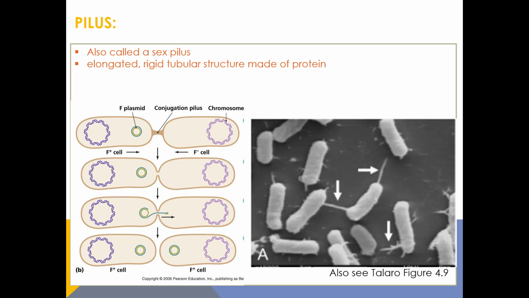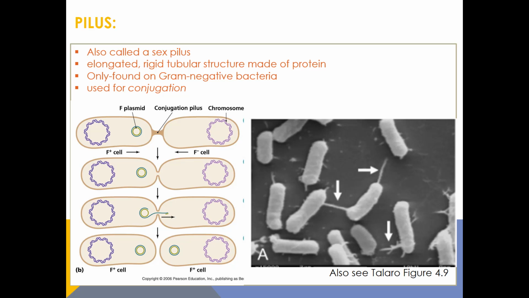And it's an elongated, rigid tube, so it's hollow, made of protein. It's only found in gram-negative bacteria. And it's also only found in gram-negative bacteria that have a plasmid, a special extra chromosomal piece of DNA that encodes the genes for making a pilus.